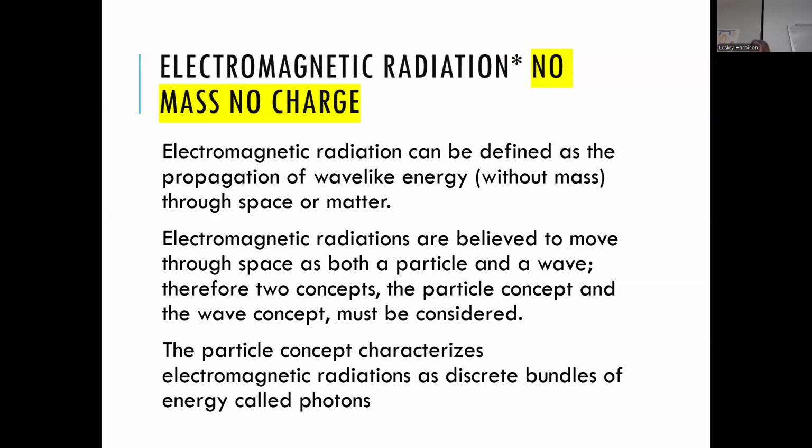So electromagnetic radiation can be observed as an energy packet, like a particle, but it can also be observed as a wave. One way somebody described it is like a surfer on a wave.